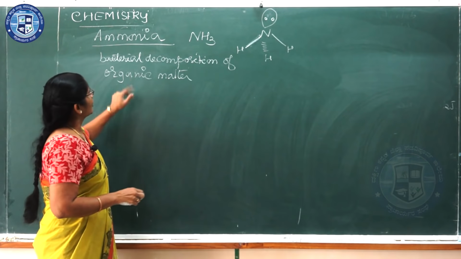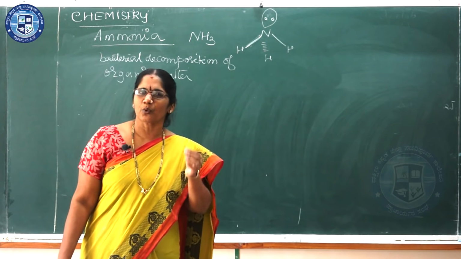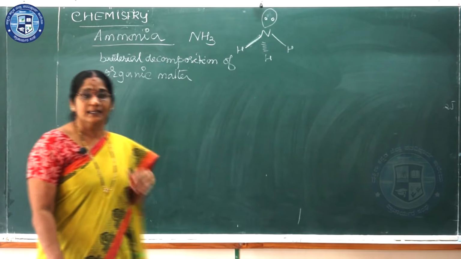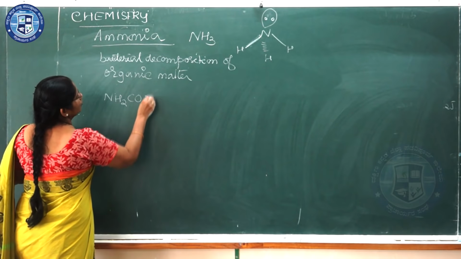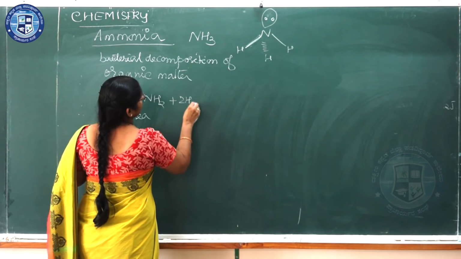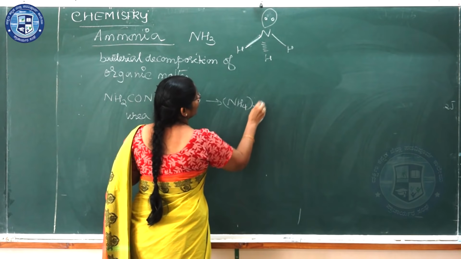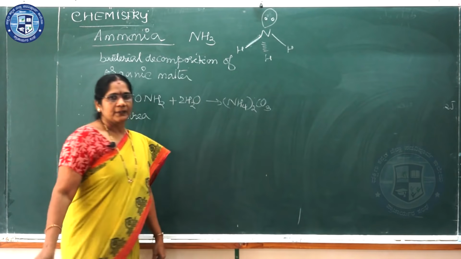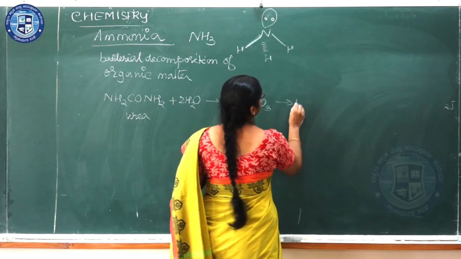So bacterial decomposition of organic matter in air also produces ammonia in trace quantities. For example, urea. If you consider NH2CONH2, this is urea. First it gives ammonium carbonate, which decomposes to give ammonia.